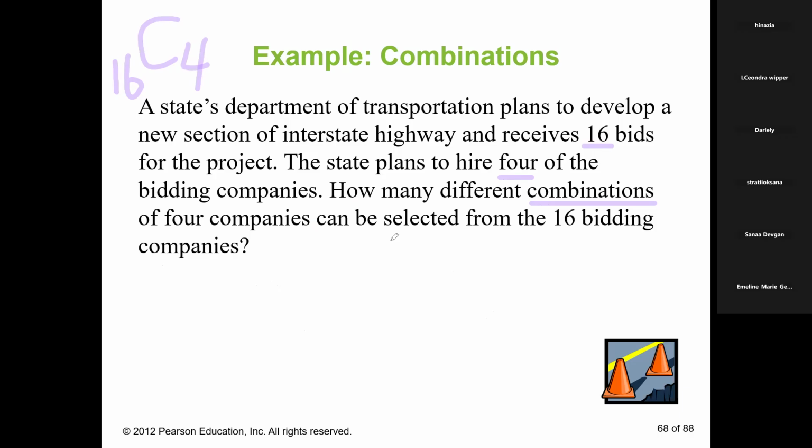Is this clear? Yeah. And I just use the formula. n is 16, r equals 4.